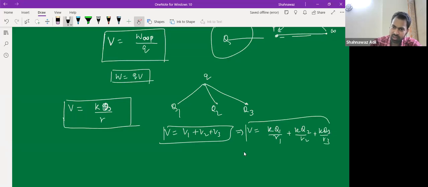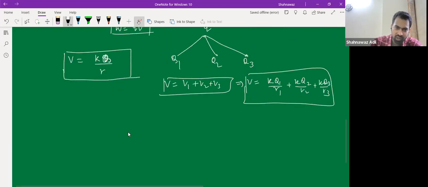We also learned the electric potential of a dipole, which came out to be Kp cos theta by R square.